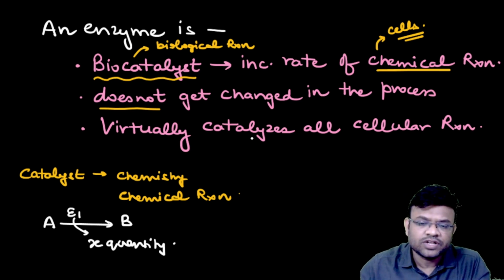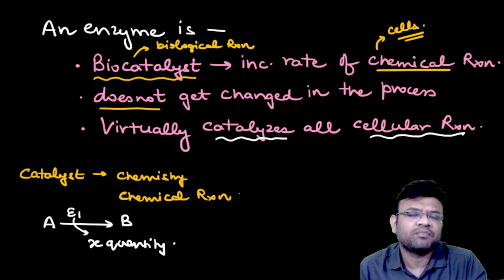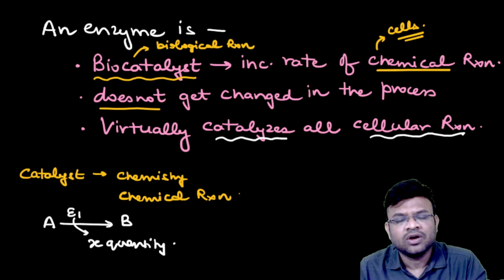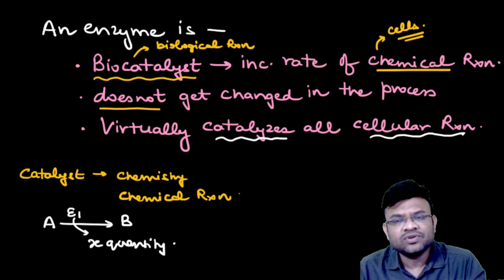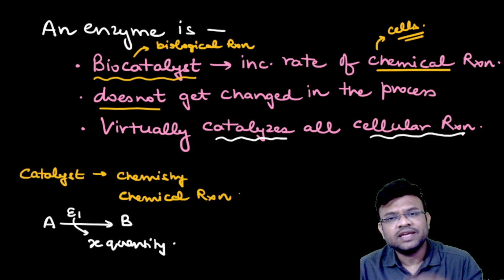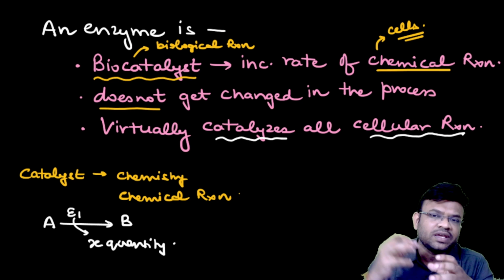Next, it virtually catalyzes all cellular reactions. Now this is a very important part that you should be knowing. All the biological reactions, or all the reactions that are occurring inside cells, essentially utilize some enzyme or the other. Why? Because the reactions that have to be performed inside the cell have to be extremely fast.